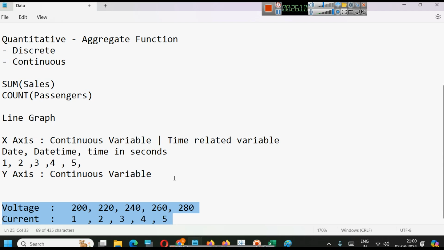When we have a dimension on the x-axis and a continuous measure on the y-axis, then we should draw a bar graph.